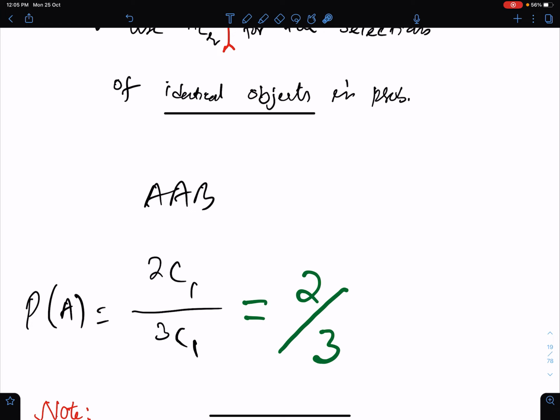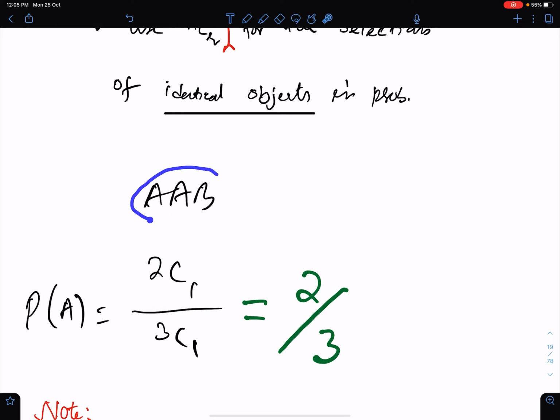Probability of letter A from these three letters, then we will write 2C1 for the selection of 1A from these two A's, because each A has an equal chance of occurring. That is why I use 2C1 for 1A from 2 A's.